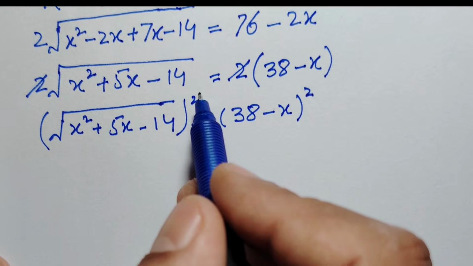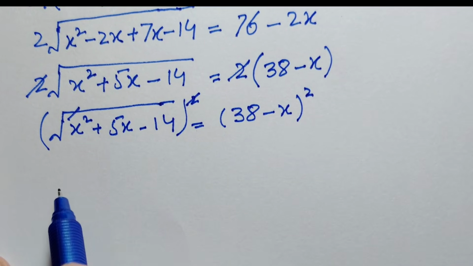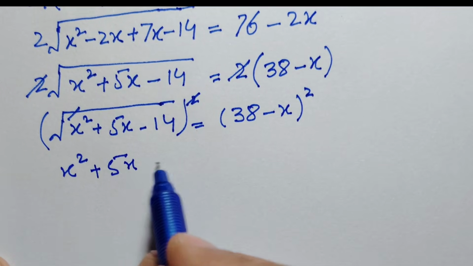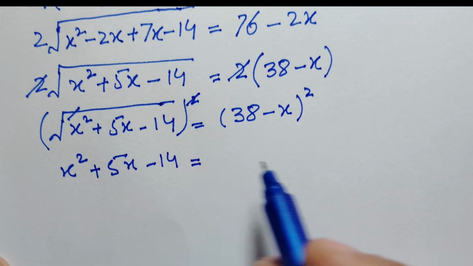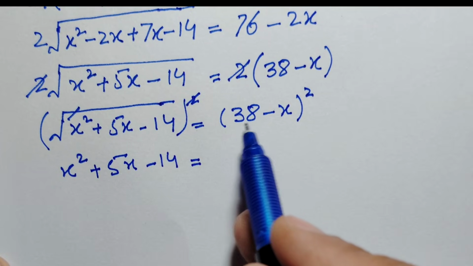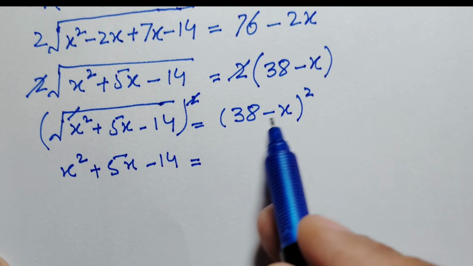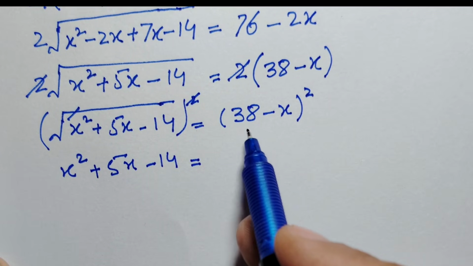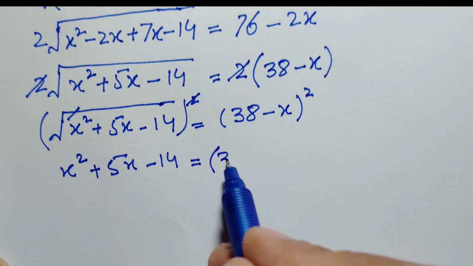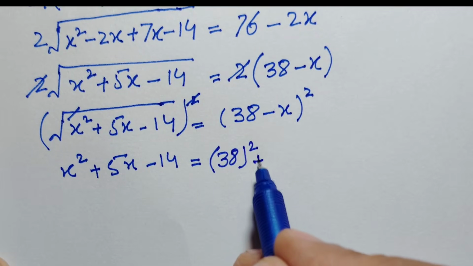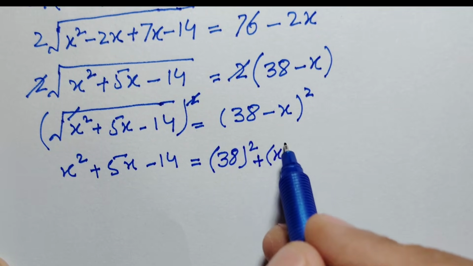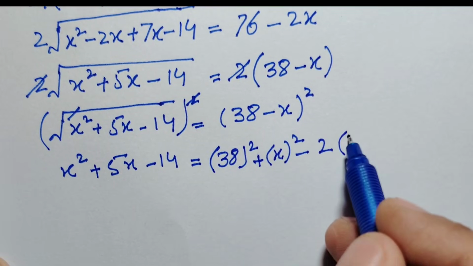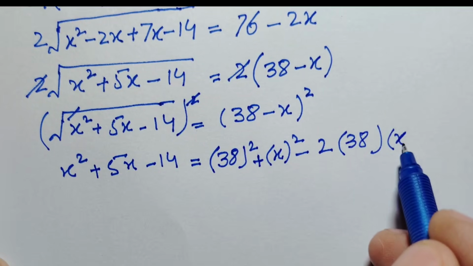In this case, square cancels the square root, and we get x square plus 5x minus 14 is equal to, in this case we get a minus b square, and we apply this condition here. 38 becomes a and x becomes b. Now it is 38 square plus x square minus 2ab. This is 38 into x.